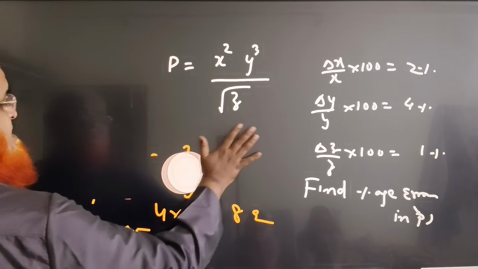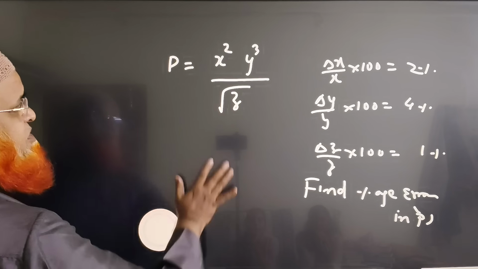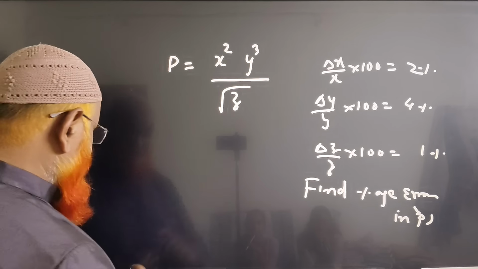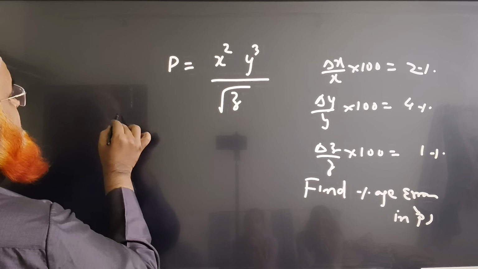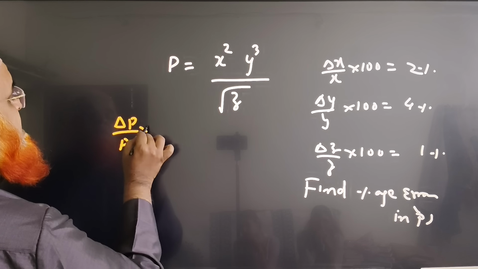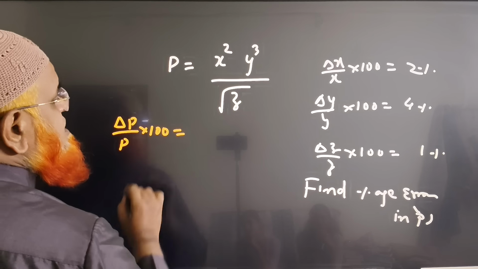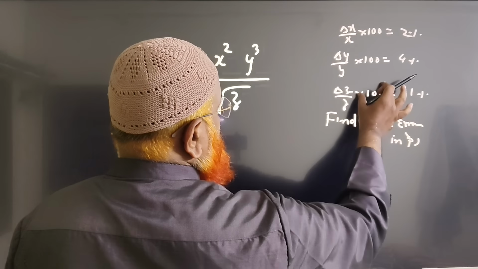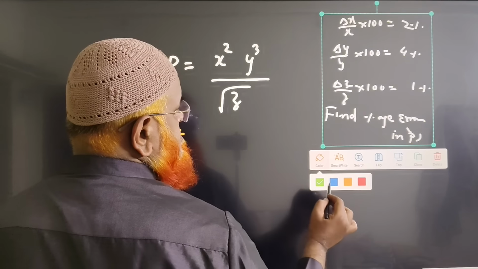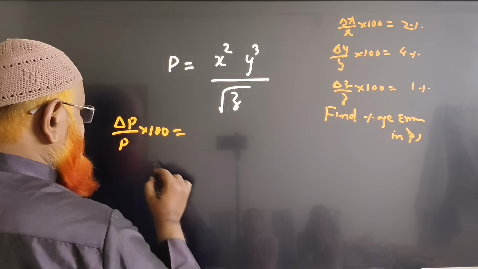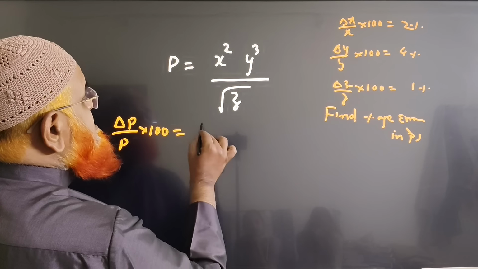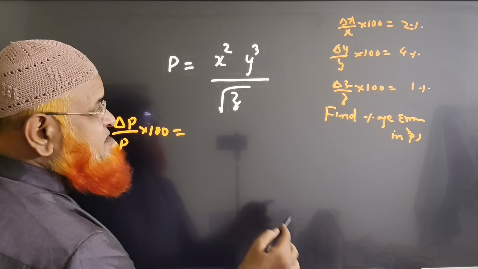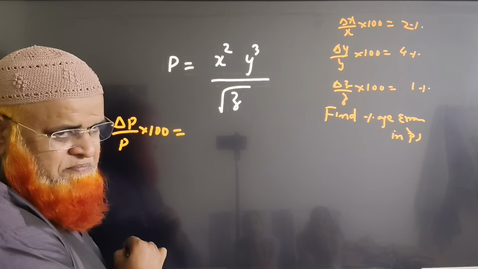So therefore we are discussing about errors. Whatever may be the situation, errors will be just added. Okay, so what do you write now? Delta p by p into 100 is equal to, now delta p by p into 100 just power percentage. Power percentage means power multiplied with percentage, that's it.